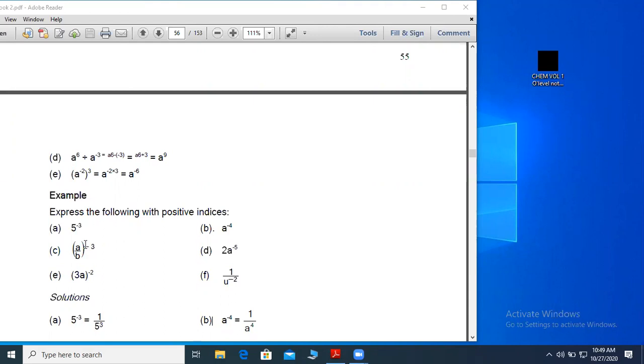So can we write in our notebooks, for part C: A out of B to power negative 3 is equal to 1 out of A over B in brackets, and the whole of it is cubed.